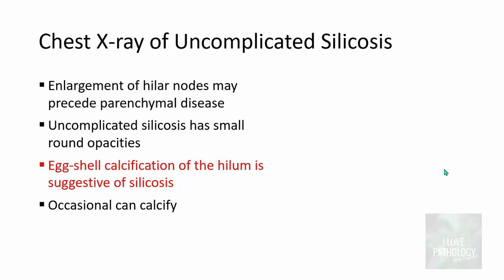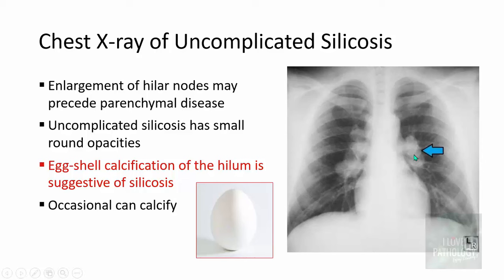Occasionally, the hilar lymph nodes can calcify. So this is what you see in the chest X-ray as the round opacities of the hilar lymph node. At the periphery of these opacities, because of calcification, you can find a thin rim of denser opacity, which looks like that of an eggshell.